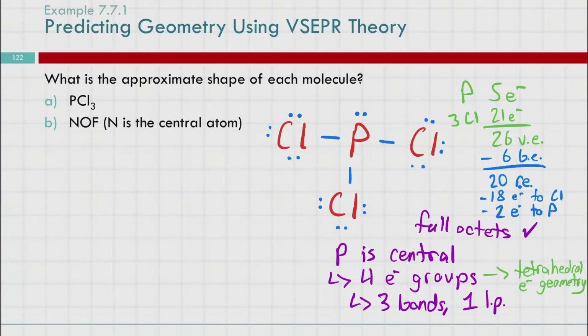If we get rid of one of those groups, because one of them is a lone pair, we've now got 3 groups left. That means it's going to be trigonal something. Is it in the plane or is it off plane? It's off plane because of that lone pair forcing that 3rd group away. So it's trigonal pyramidal.